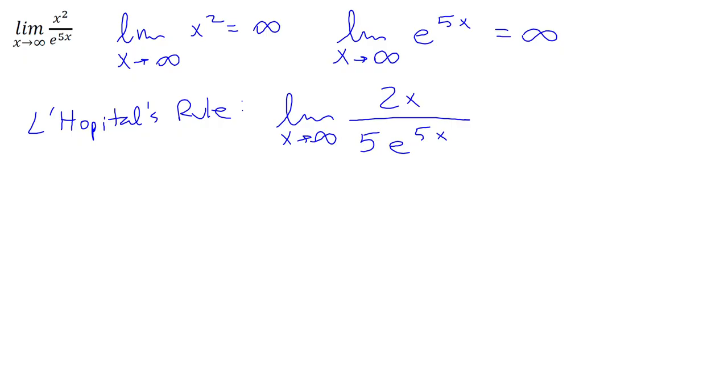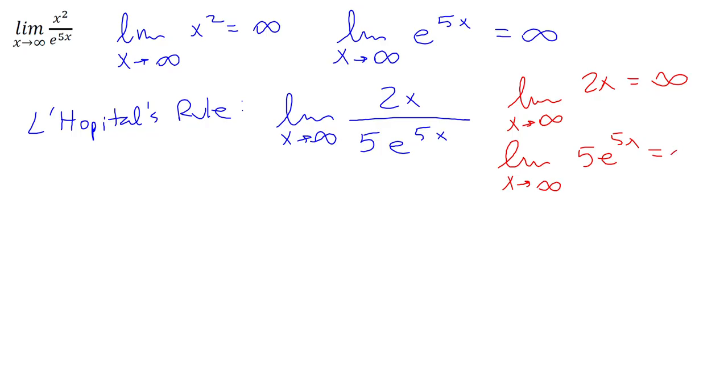And then that's still infinity over infinity, because the limit as x approaches infinity of 2x is infinity, and the limit as x approaches infinity of 5e to the 5x is still infinity. So we'll use another application of L'Hopital's rule. Try and spell it correctly.